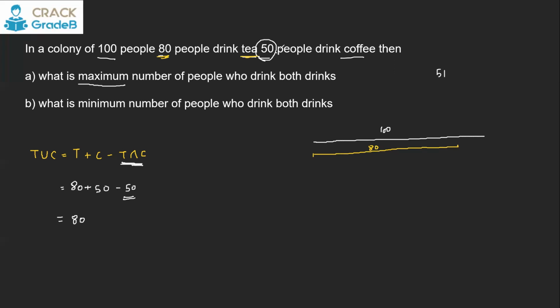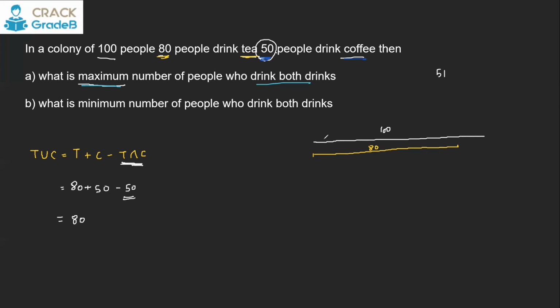And now when you try to distribute the coffee coupon to 50 people, how are you going to distribute those? You want the maximum number of people to drink both drinks, that means to have both the coupons.